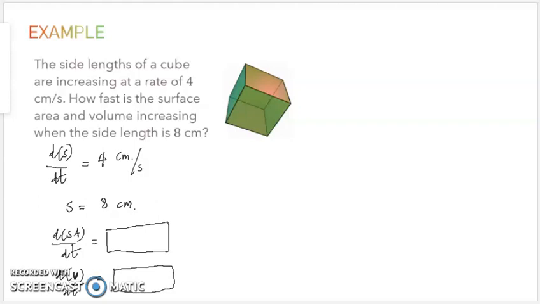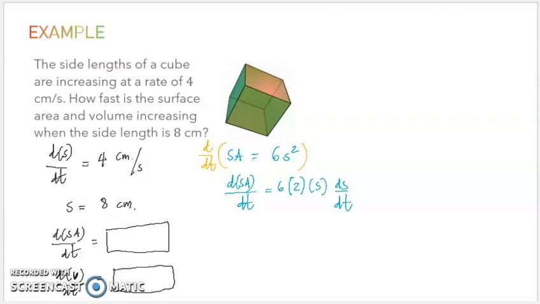So let's start with the surface area. The surface area of a cube is equal to 6s squared. This is what we will get the derivative of with respect to time. So we have the derivative of the surface area with respect to time equals 6 times 2s times ds/dt. Just plug in the data that we have.